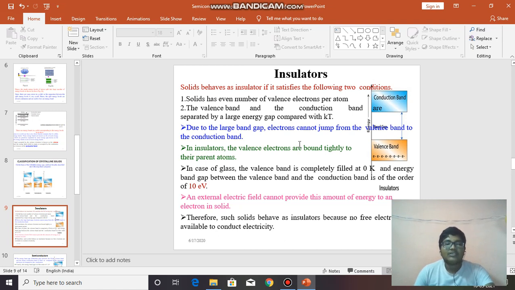In insulators, the valence electrons are bound tightly to their parent atoms. In the case of glass, the valence band is completely filled at 0 Kelvin, and the energy band gap between the valence band and conduction band is of the order of 10 electron volts. An external electric field cannot provide this amount of energy to an electron in a solid.